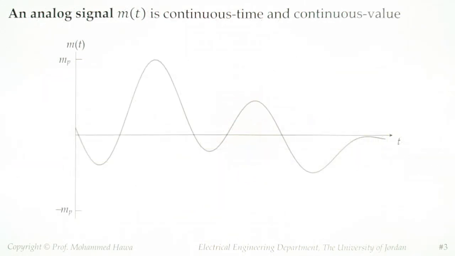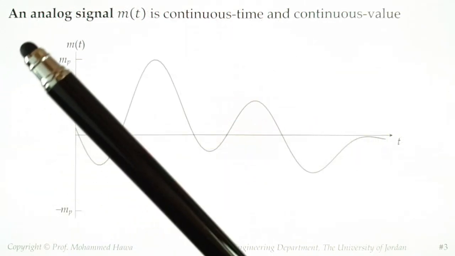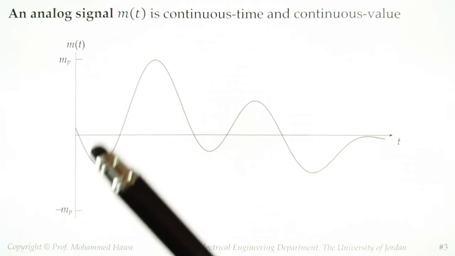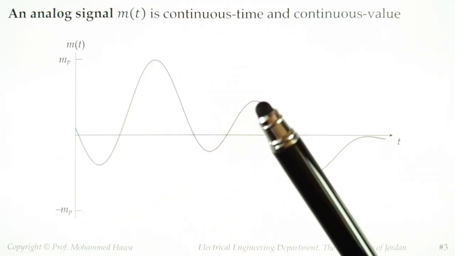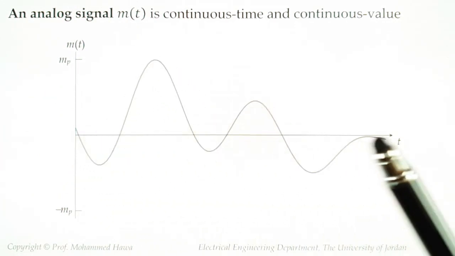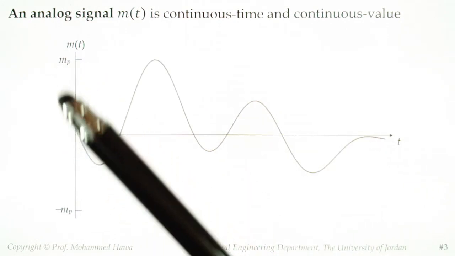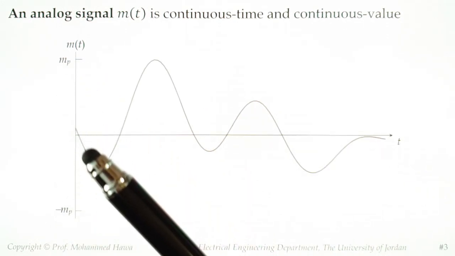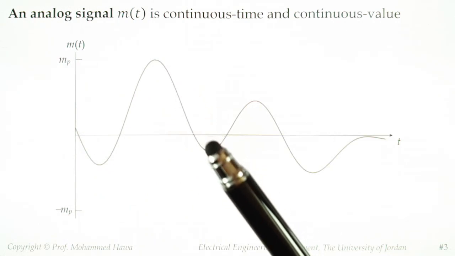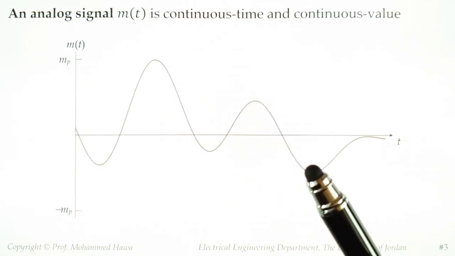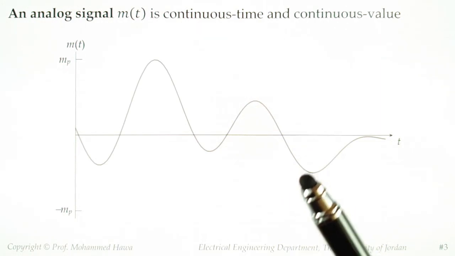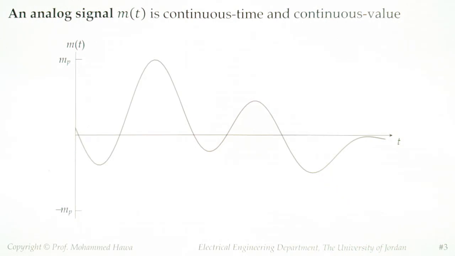So what is sampling? Let's start with an analog signal, M of t. This is an example of an analog signal. Notice that it's continuous in time and it's also continuous in value, which means you have infinity points on the curve representing the analog signal. Unfortunately, this is not suitable for digital systems because digital systems use ones and zeros. Because I have infinity points, I would require infinity ones and zeros to represent the signal.